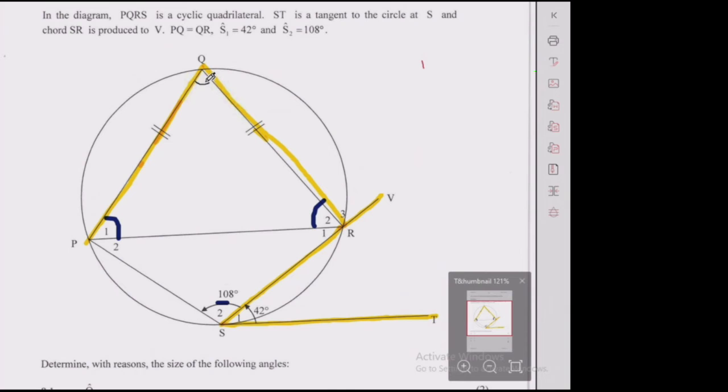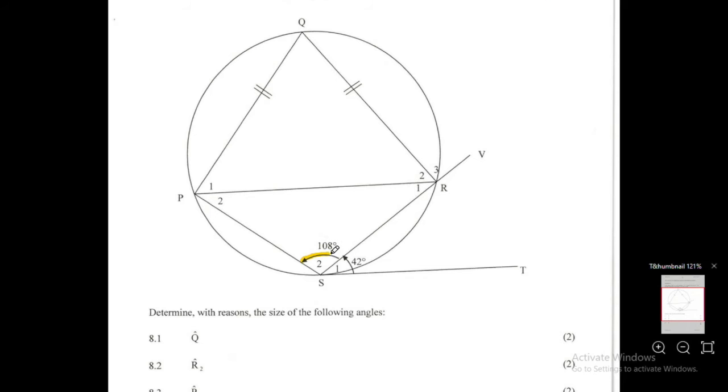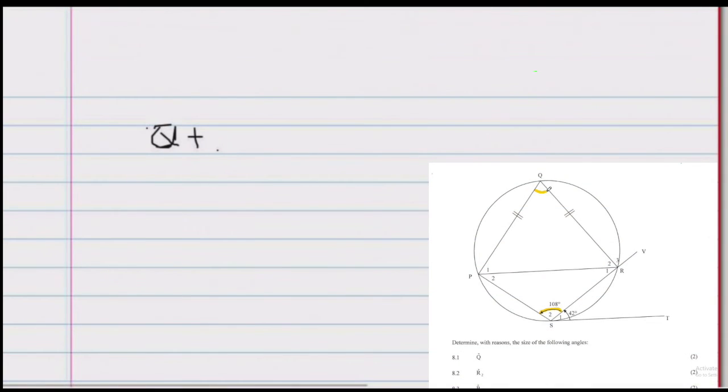So Q is opposite angle S2, and angle S2 we are given as 108 degrees. Now that we know that this is a cyclic quad, angle Q plus angle S2 would give us 180 degrees.